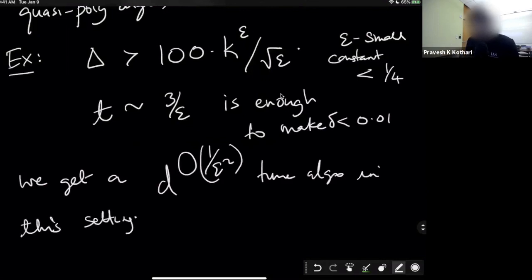And so for any fixed constant epsilon, this is a polynomial time algorithm. So what we are saying is that in polynomial time, we can handle the case when capital delta is polynomially large in k, even though the exponent of the polynomial could be an arbitrarily tiny constant.